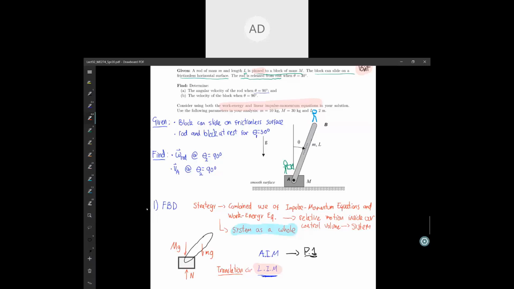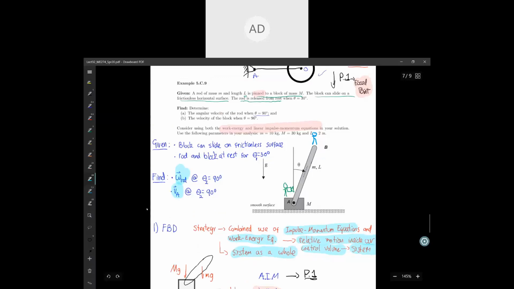So once again, look for what's happening inside your system, and if there is relative motion inside your system, then there is a high chance that you will need to combine impulse momentum equations with work energy equations if you're asked to find velocities or angular velocities or changes in height, changes in angle.